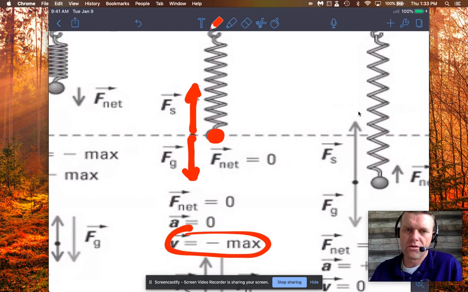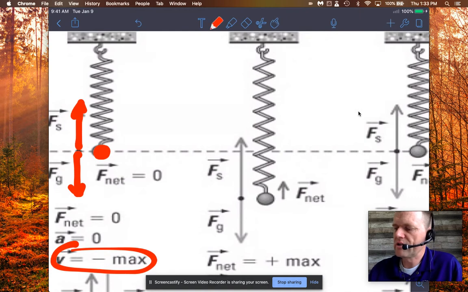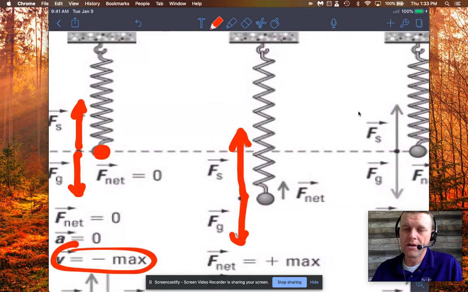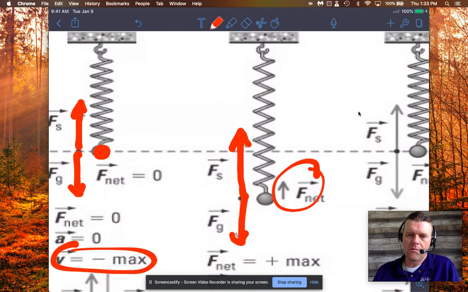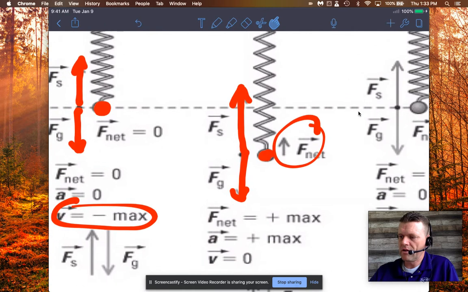Over here you can see that the arrows start changing places. The force of gravity never changes, but now the restoring force from the spring up is greater than that, so the net force is up, and at that point the mass has come to a stop. So it shows the velocity there being zero, and then that pattern just keeps repeating itself.